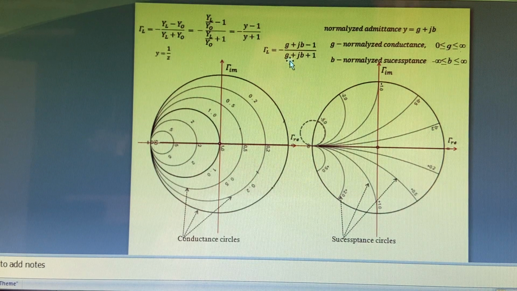Similarly, susceptance B is also related to them through a circle equation. So for every value of G, there is a circle on the Smith chart, with a particular center and a radius.